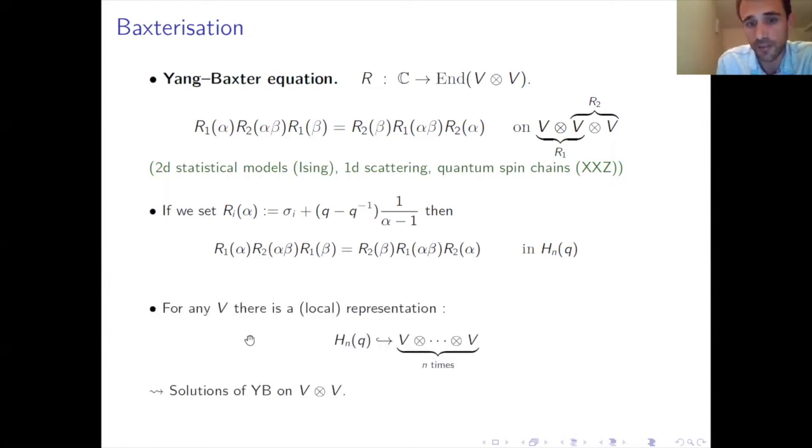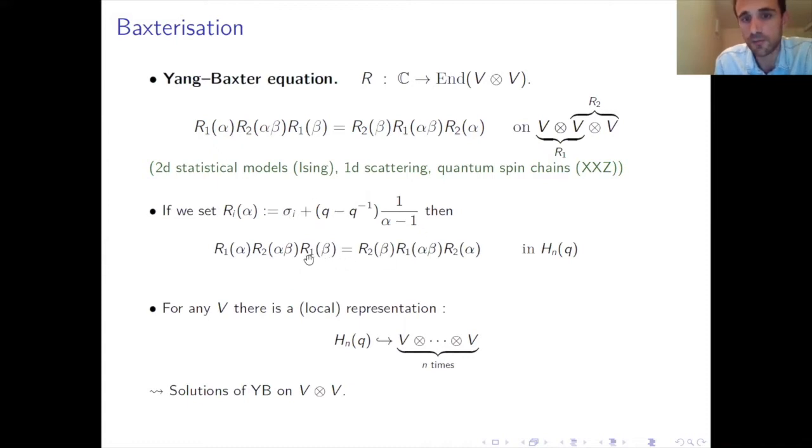And it turns out that it's possible. So what is possible? Well, for any vector space V, there is actually, this is a very nice feature of the Hecke algebra, a representation of the Hecke algebra acting on a tensor space like this. So now we are in the following situation.